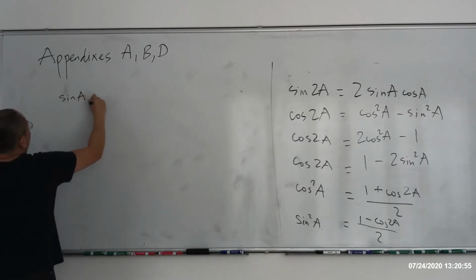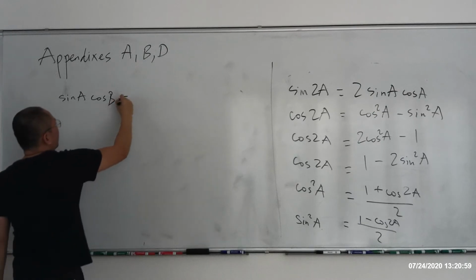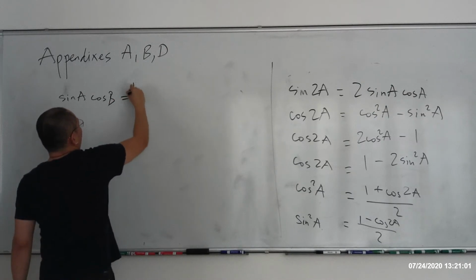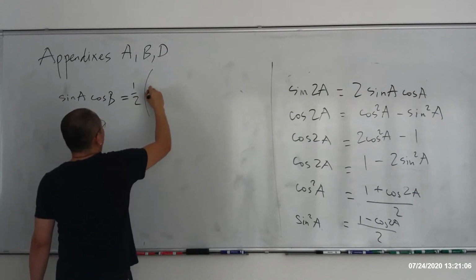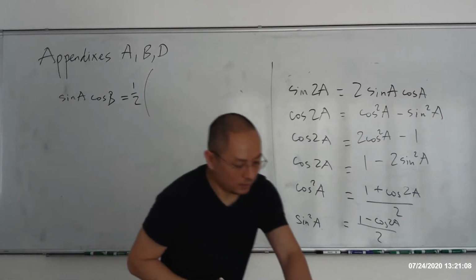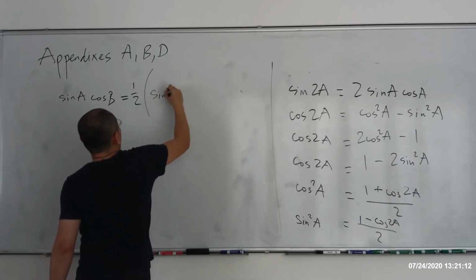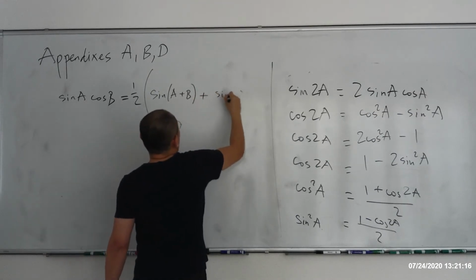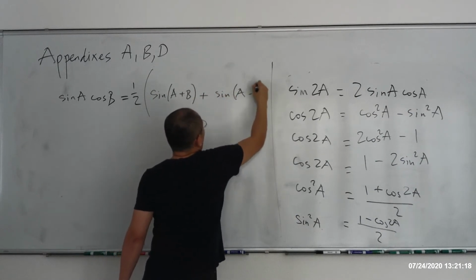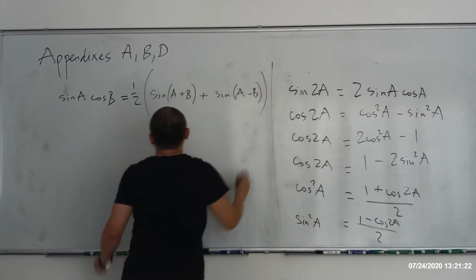Sine A cosine B equal to 1/2 of, I think it's cosine, let me double check. Make sure. Yeah, 1/2 of sine of A plus B plus sine of A minus B. Okay, that's 1/2.